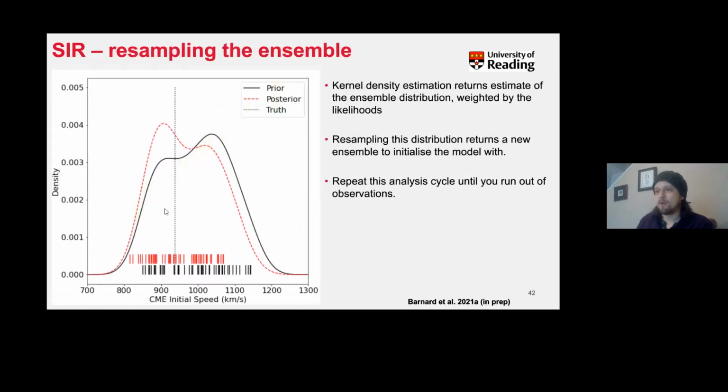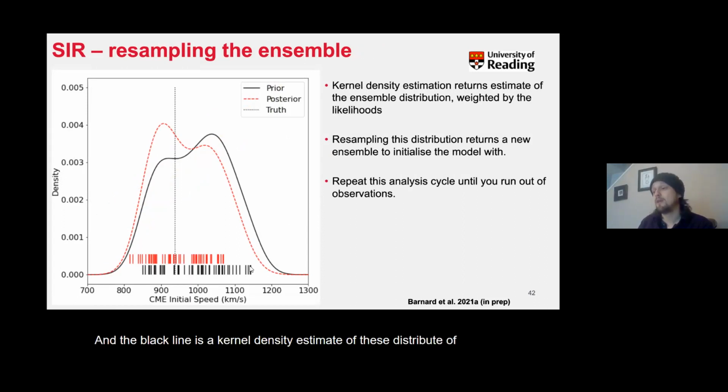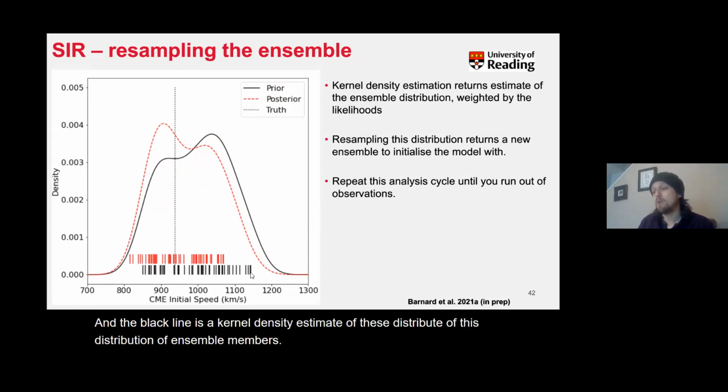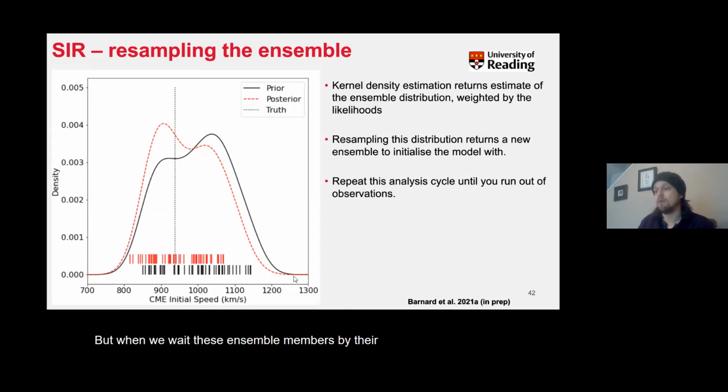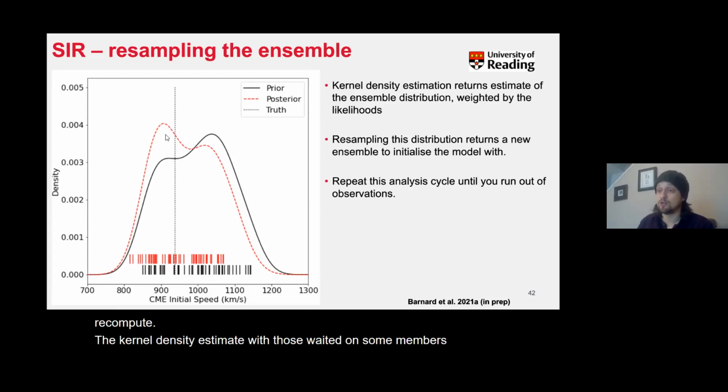And then after we've got those weightings, we reinitialize the ensemble at this new time step. The black lines here show the initial ensemble members for the CME speed, and the black curve is a kernel density estimate of this distribution of ensemble members. But when we weight these ensemble members by their likelihoods and recompute the kernel density estimate, we get this new distribution.